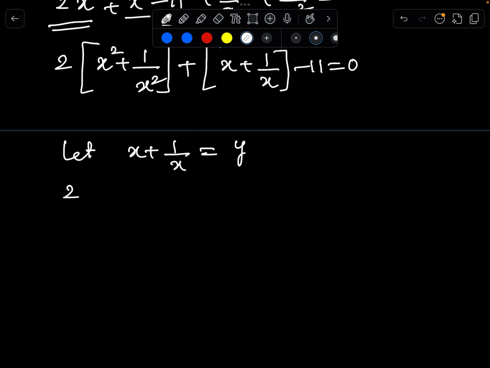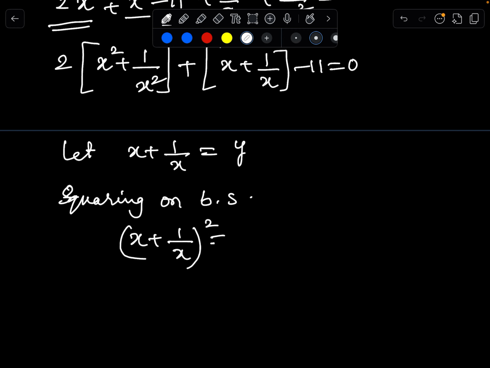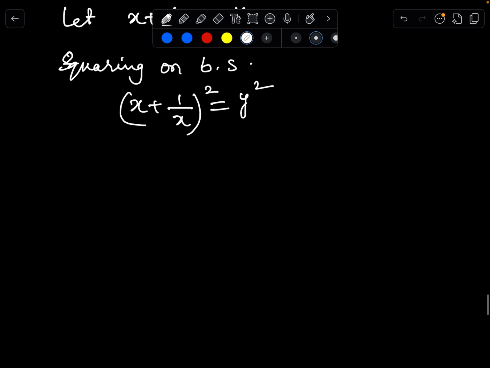Squaring on both sides, x plus 1 by x whole square equals y square. Now expand it: x square plus 1 by x square plus 2 into x into 1 by x equals y square.